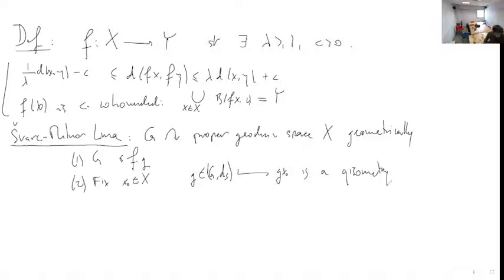So why is it that important? For instance, I will just give one consequence.